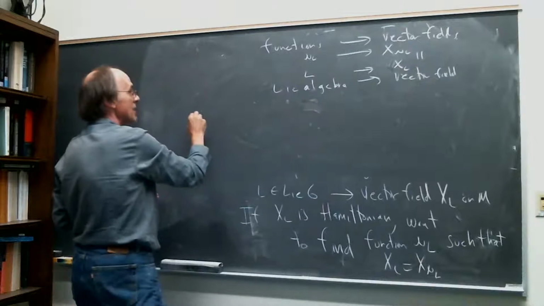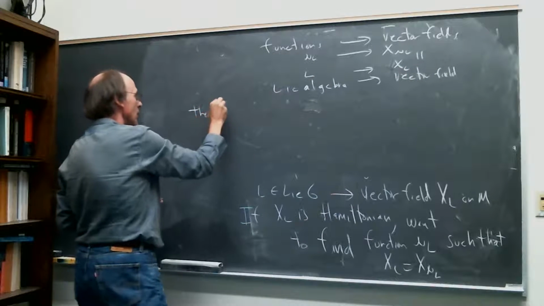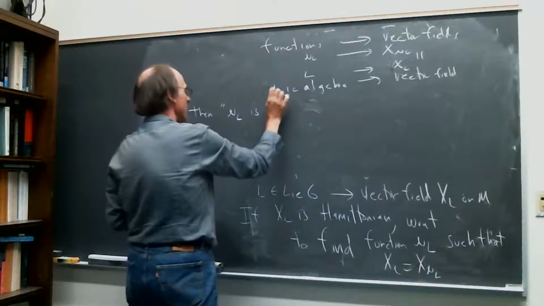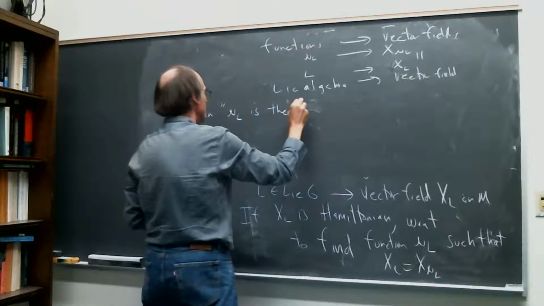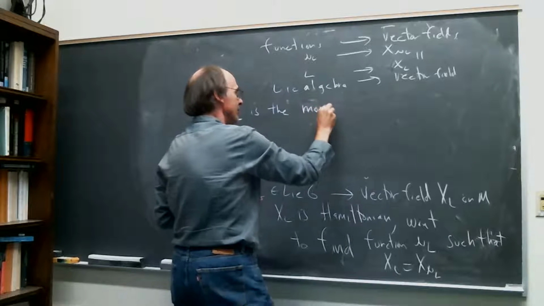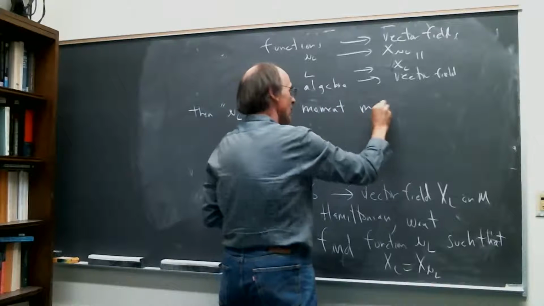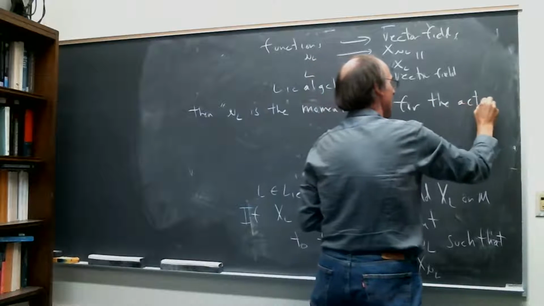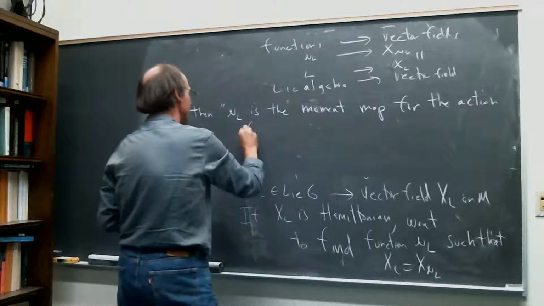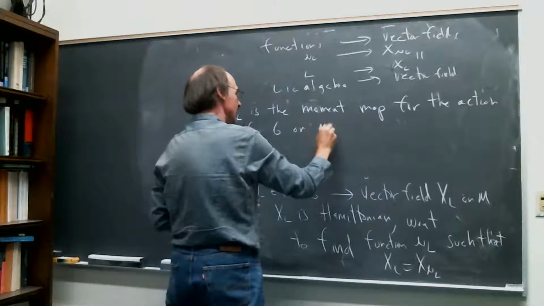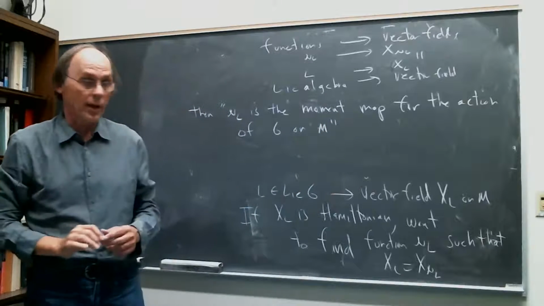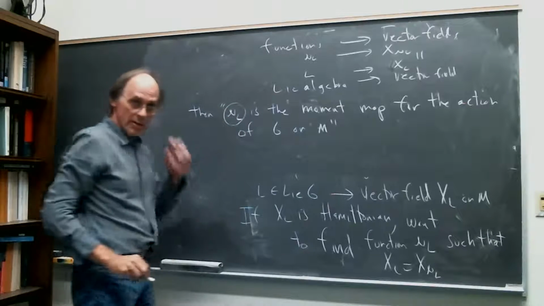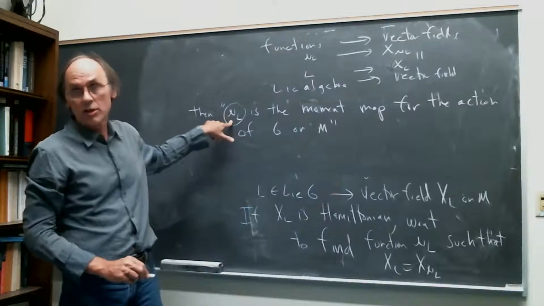And when this happens, then you say u_L is the moment map for the action of G on M. Okay, and so it's these guys that we're going to be interested in.